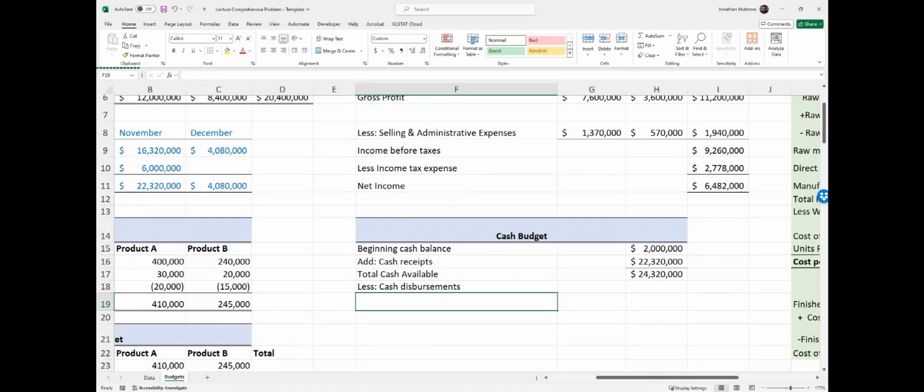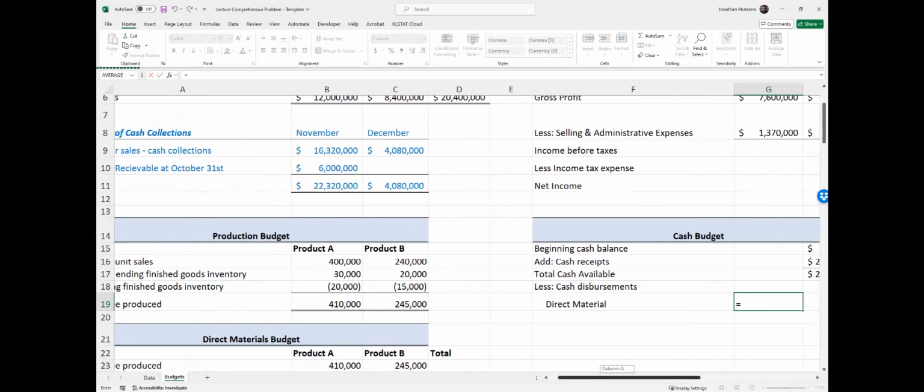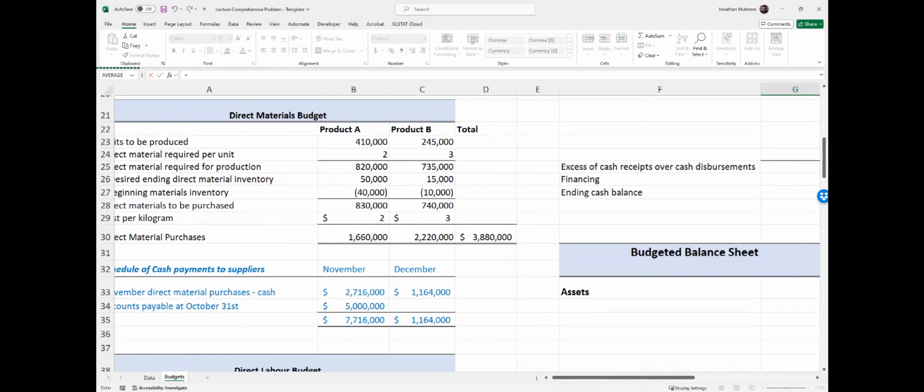And then for our cash disbursements, we'll list them one item at a time. We will start with our direct material. If we go to our direct material budget, we said that the direct material will be paid a total of 7 million.